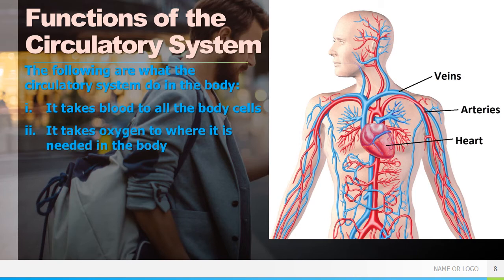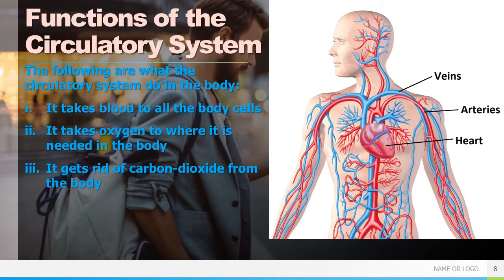Then the second one that the circulatory system does is that it takes oxygen to where it is needed in the body. That is why some persons will tell you that the circulatory system carries out movements. It moves, it takes oxygen to where it is needed in the body.